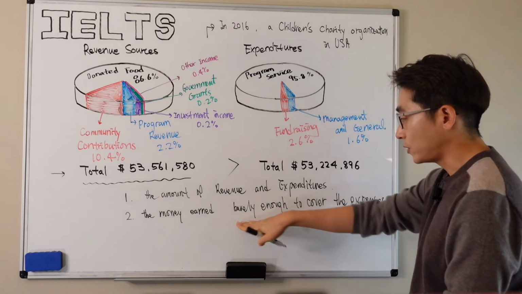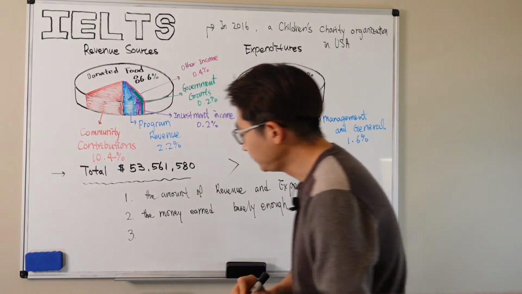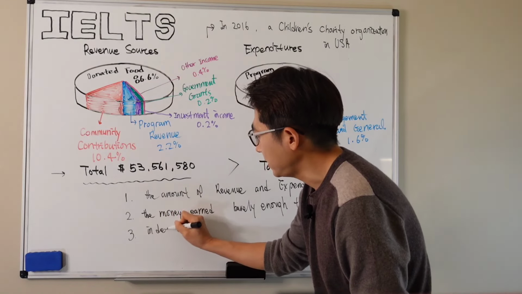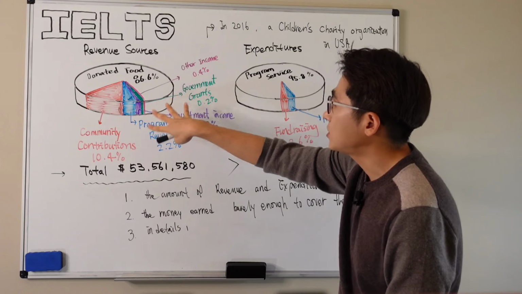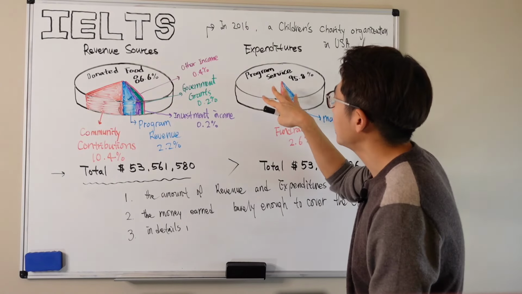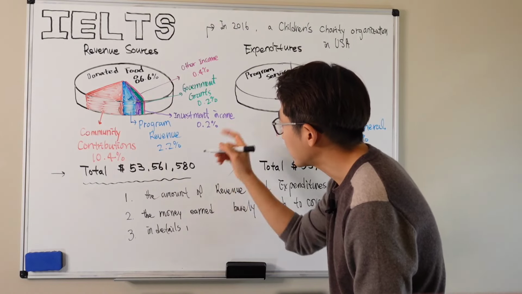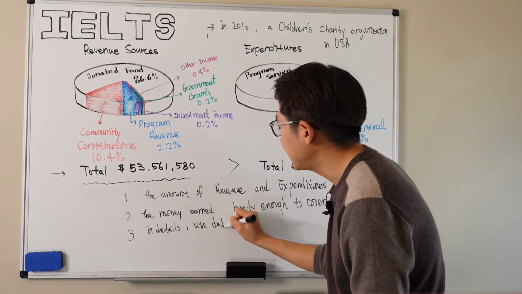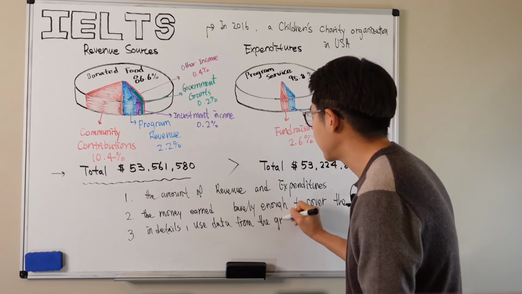Okay, and we're going to talk about that. And third, we're going to go into detail and talk about each revenue source and also each expenditure item. Okay, using real data.